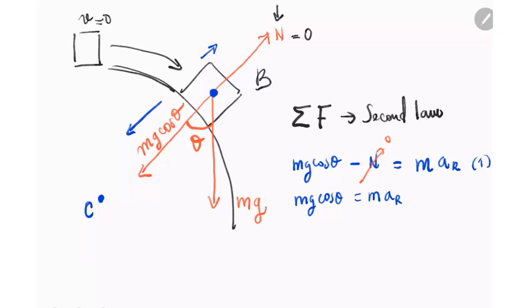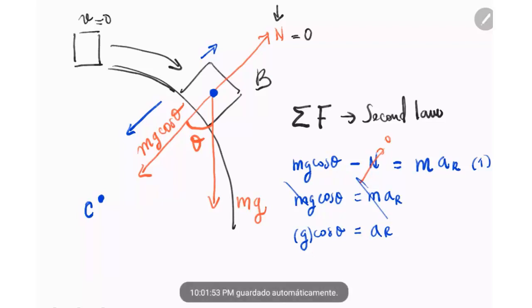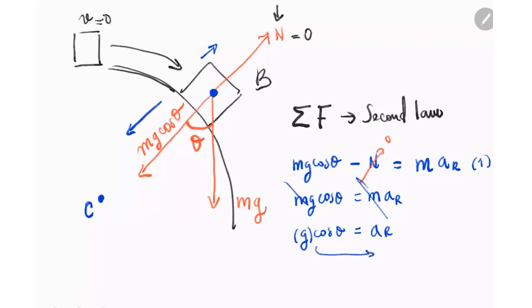We cancel the mass on both sides of the equation, and we get g cosine of theta is equal to the radial acceleration. If we clear cosine of theta, we take the gravity that is multiplying and send it to the other side of the equation to divide.